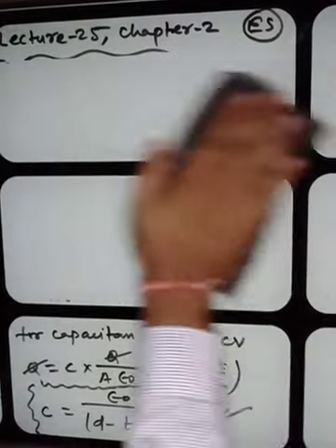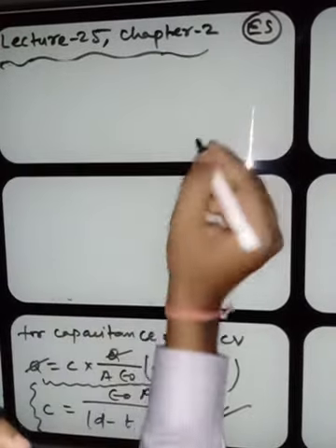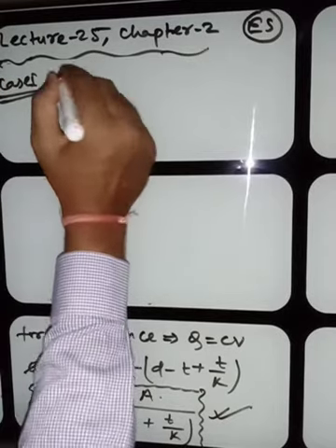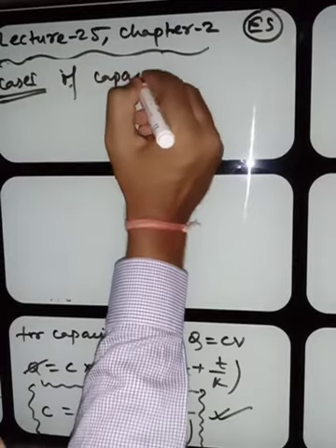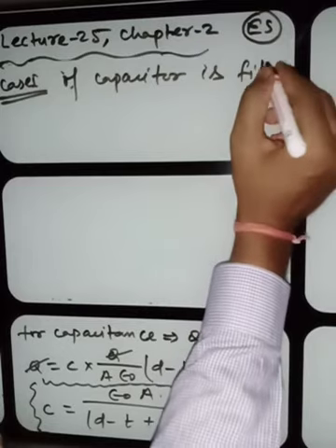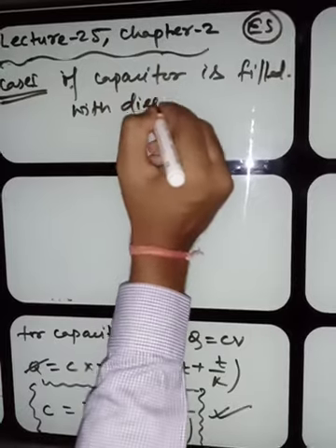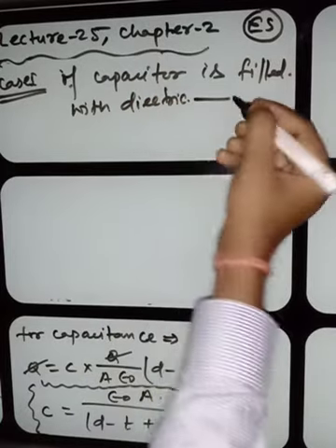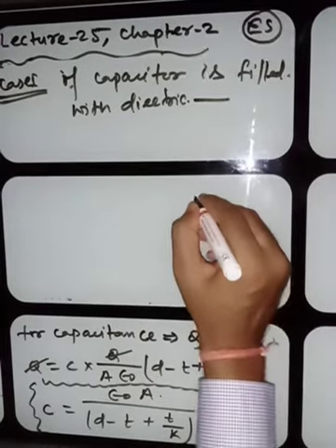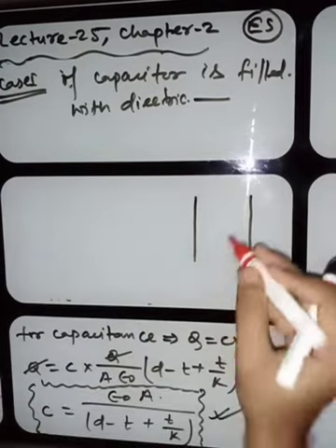Here the thickness of dielectric was T, but in case 1, if the capacitor is filled with dielectric of dielectric constant K, it means this is the capacitor and it is completely filled with dielectric.